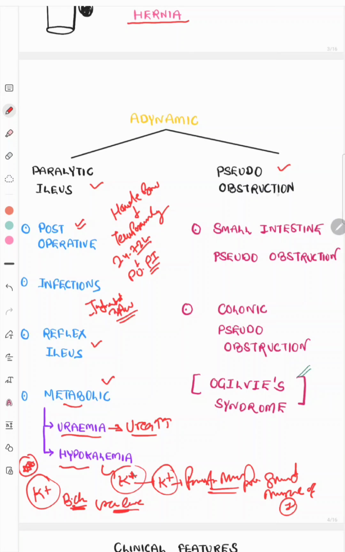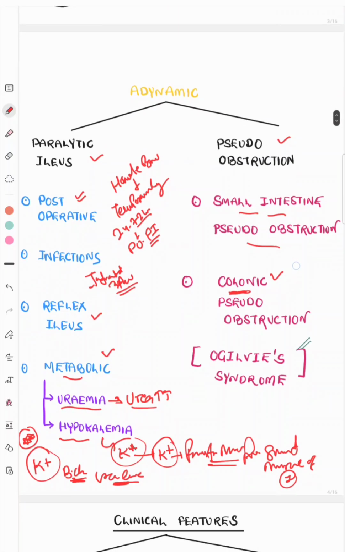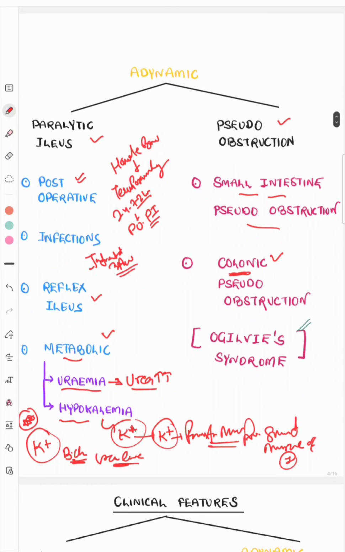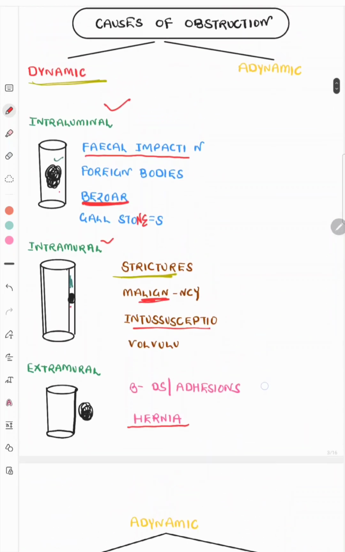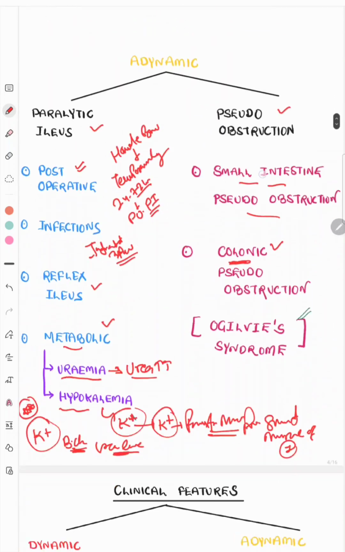And there can be pseudo-obstruction, small intestine pseudo-obstruction or colonic pseudo-obstruction, which is also known as Ogilvie's syndrome. I am not going into detail here. We will discuss this later in upcoming videos for more details. So these are the causes of dynamic and adynamic obstruction.